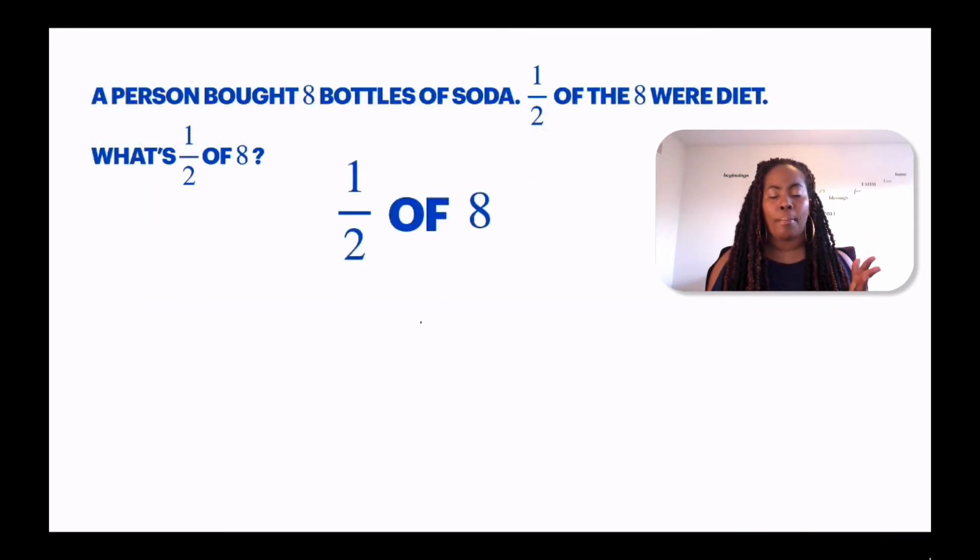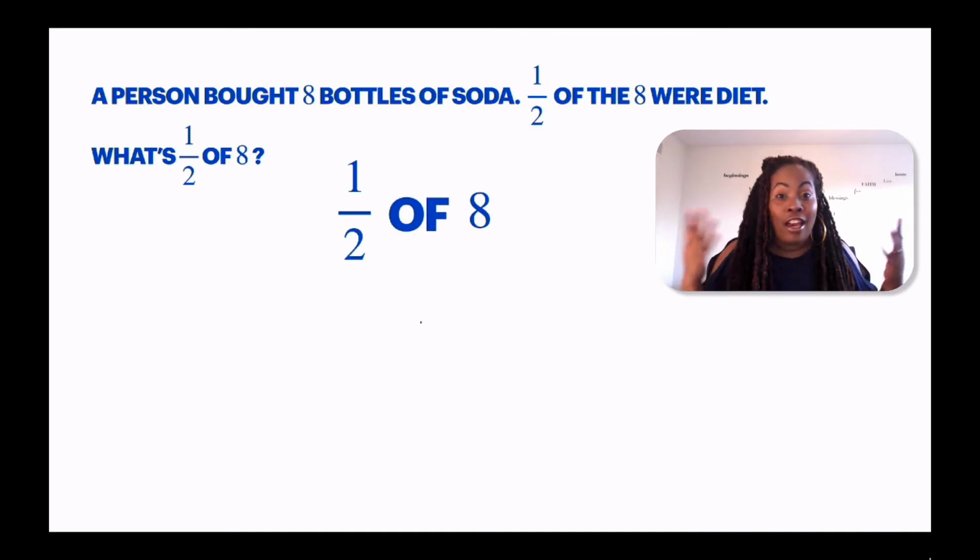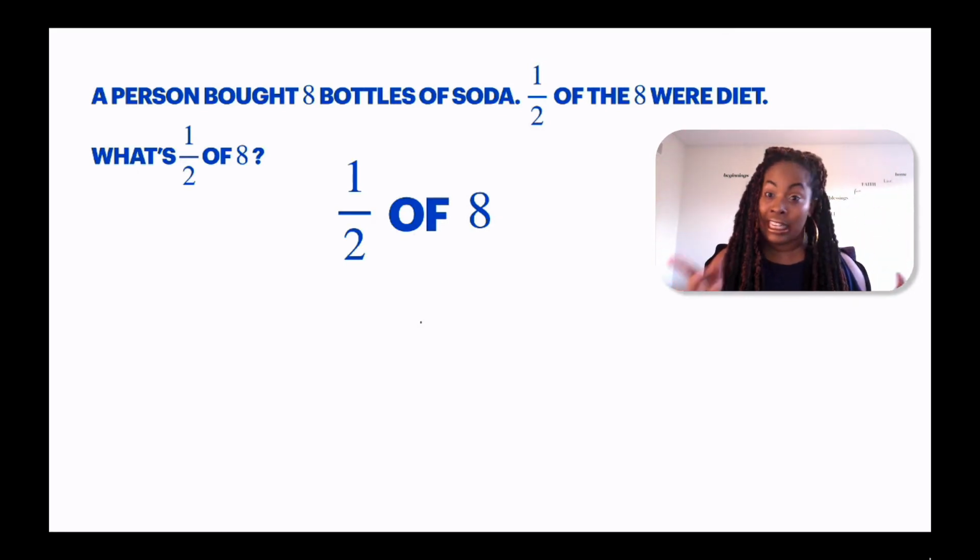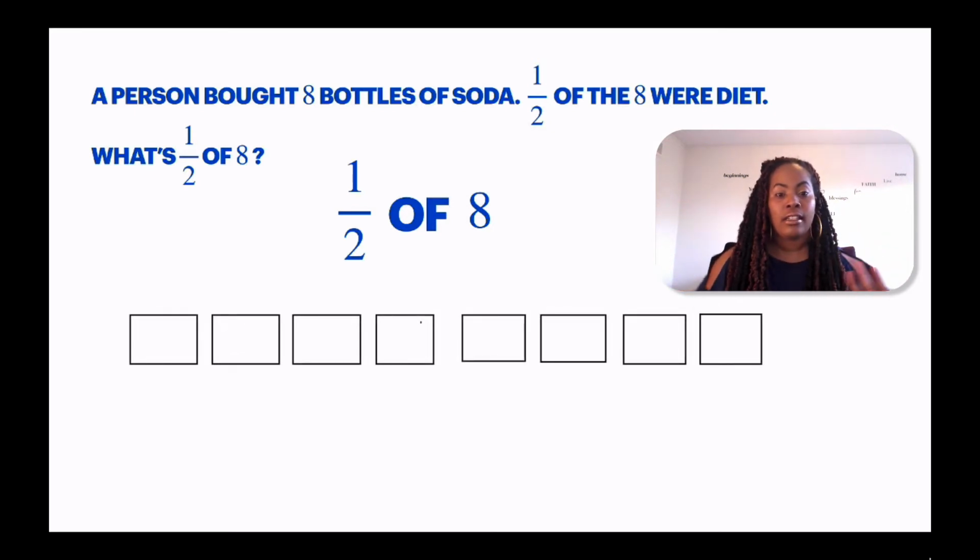So we're going to do a representation, but we're going to go back to how we used to do it, and that's by making number bars. Can somebody give it up for number bars? So how many bars do we need to represent these sodas? We're going to need 8 of them. So here are our 8 number bars.